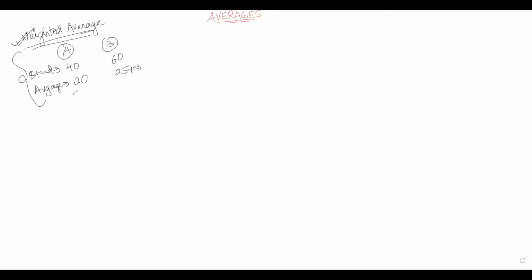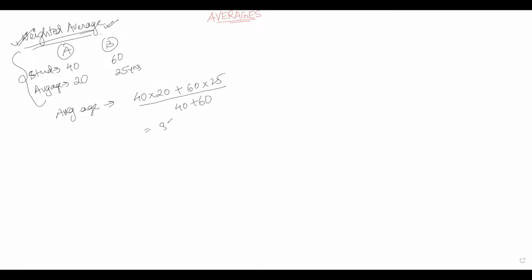So in such kind of cases where we need to find the combined average of the entire group, we can use weighted average. So in this case, the average age of the entire class can be written as 40 times 20 plus 60 times 25 upon the total number of students in these two sections A and B, which is 40 plus 60.